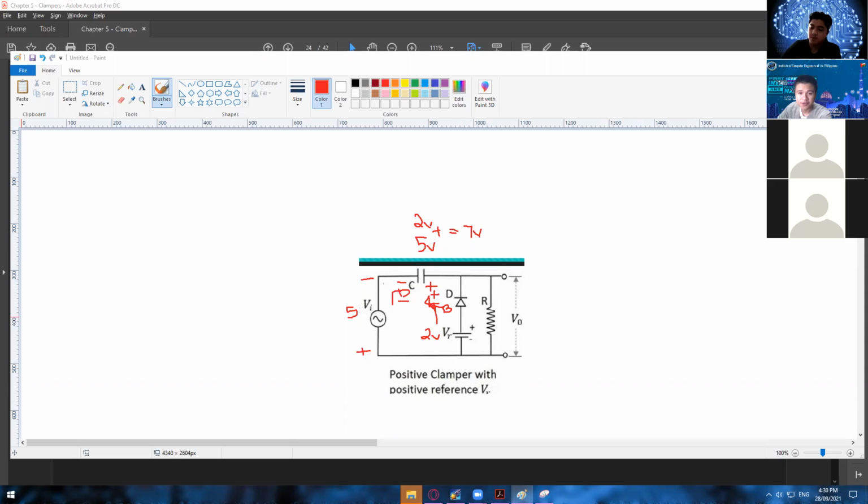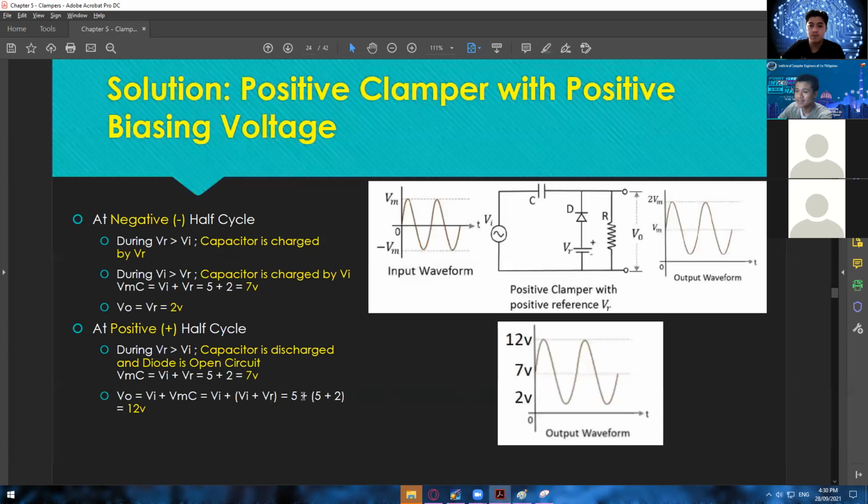Okay, so this is your question, Mr. Jean Alexis. Can we make it twice of VI plus VR? So yes, we can. It's just that you're confusing your solution more. If you want to simplify, instead of using twice of VI, you can just directly go with this VMC right here, because VMC is equal to VI plus VR.